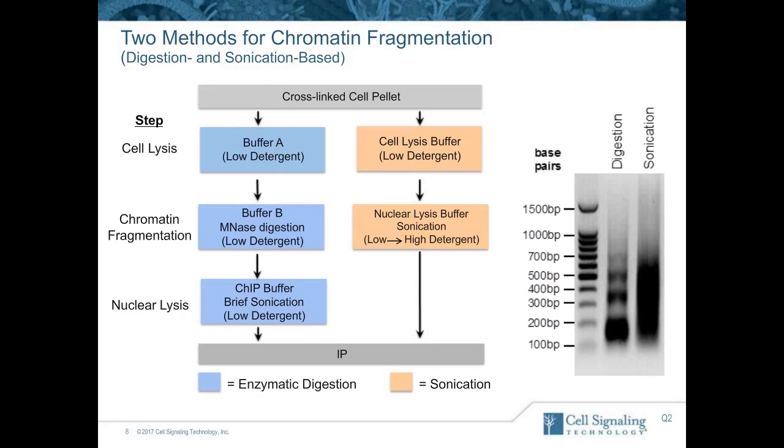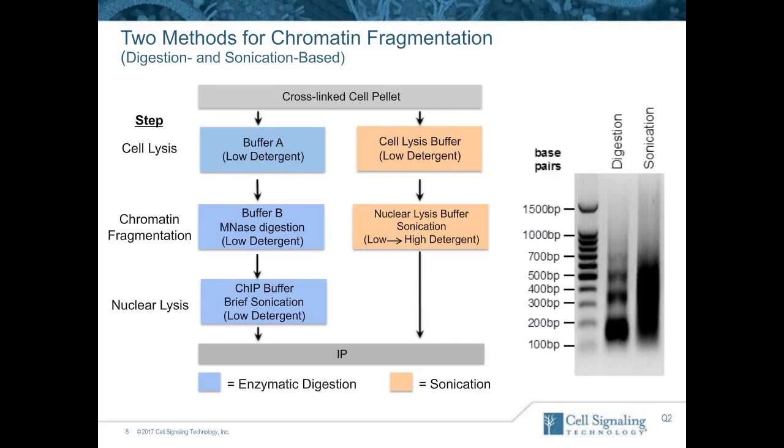We then fragment by digesting with micrococcal nuclease. And micrococcal nuclease is an enzyme that digests double-stranded DNA in between the nucleosomes. Once the digestion is complete, we briefly sonicate to lyse the nuclei, and the chromatin is purified by centrifuging out the insoluble material.